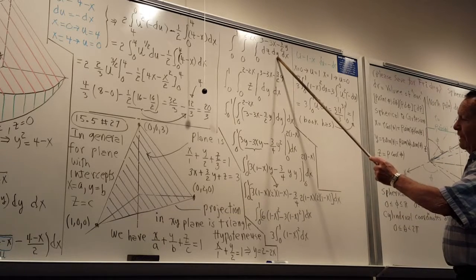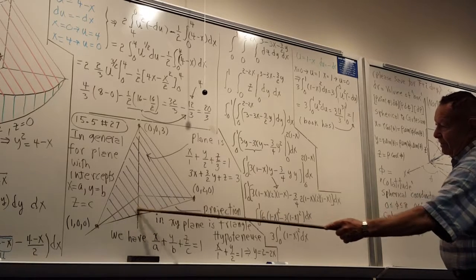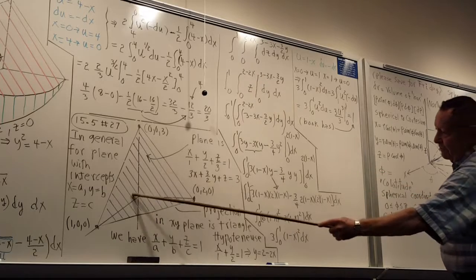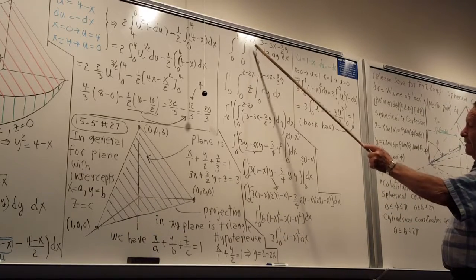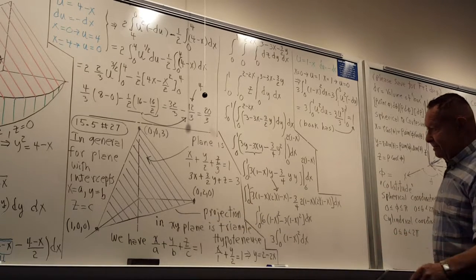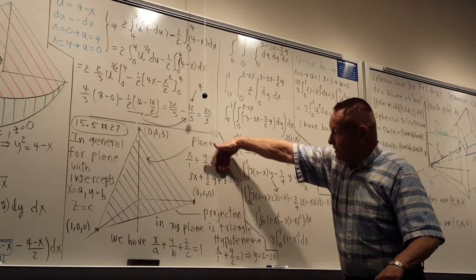So if I do y next as my variable, I'm coming from left to right. My y's all start at y equals 0, which is the x-axis. And you see this side here is what this gives you if you just put your hand over the z part.